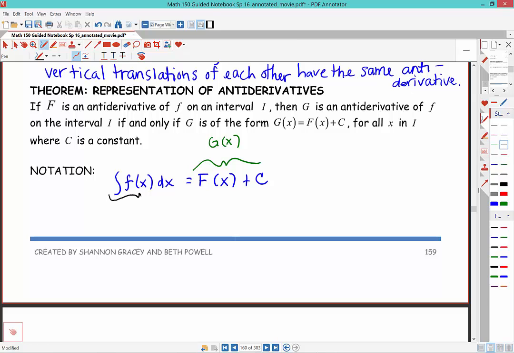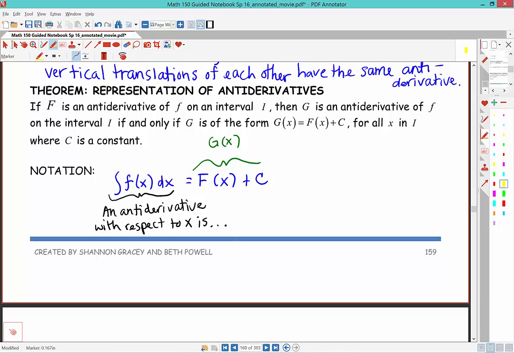This says an antiderivative with respect to x is. If you break these things down, this dx part literally is translated as with respect to x. So if we had dt, it would be with respect to t.